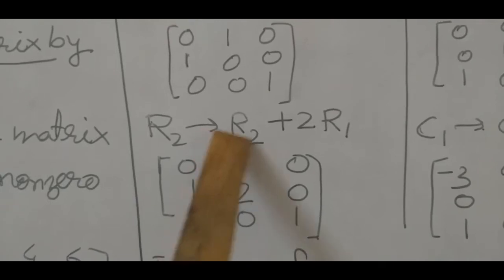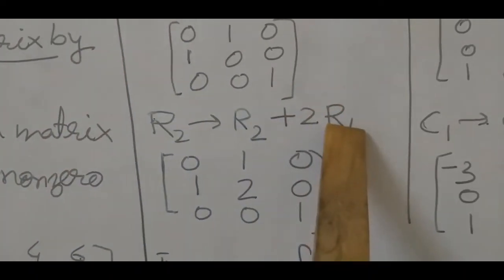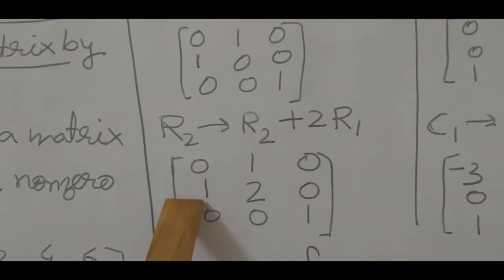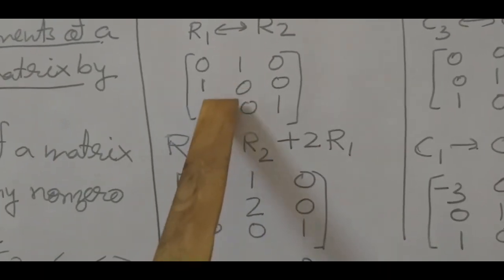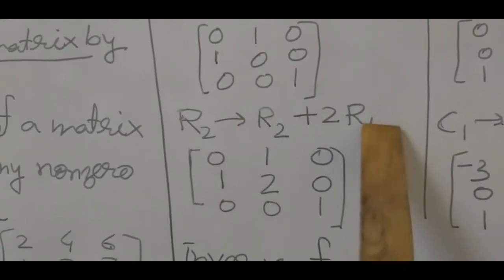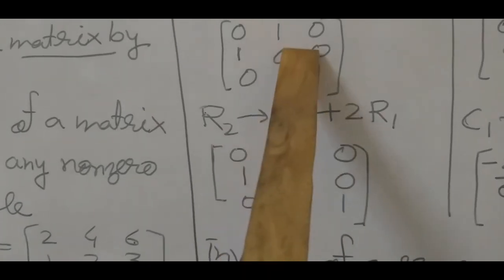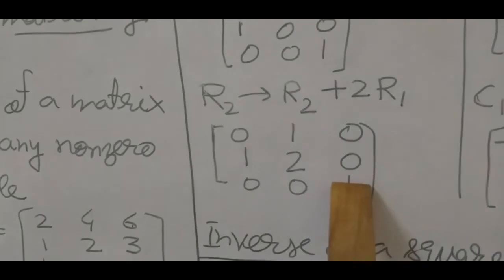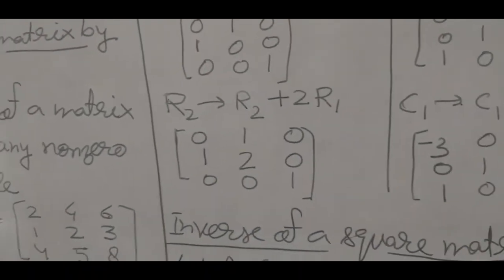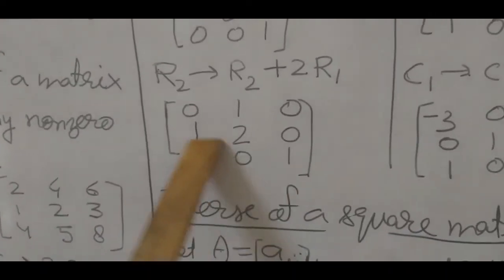So R2 value, 1 plus 2 into 0, so 1 plus 0, answer 1. Second element, 0 plus 2 into 1, 0 plus 2, 2. Third element 0, 0 plus 2 into 0, 0 plus 0 means 0. And R1 and R3 will remain as it is. Okay, students. So this is elementary matrix.